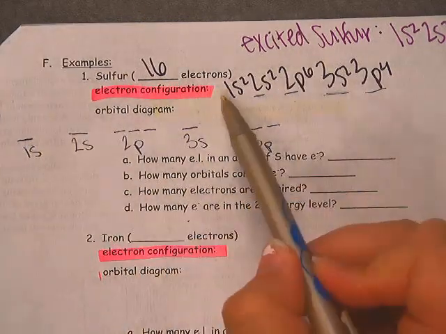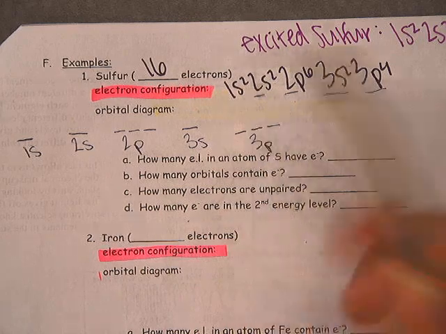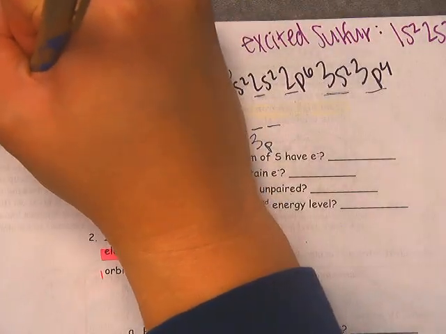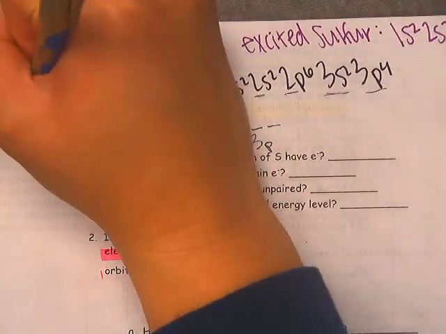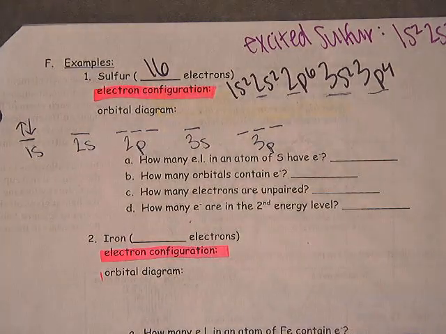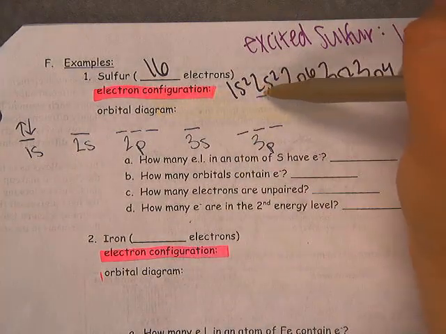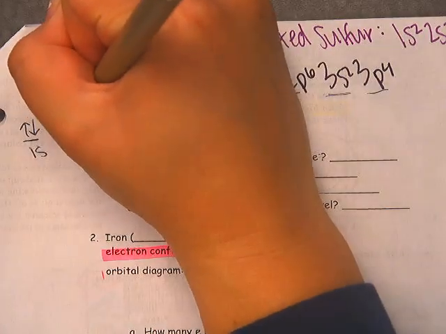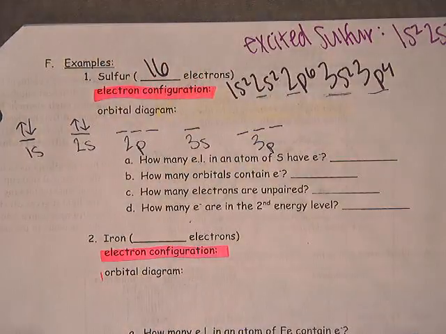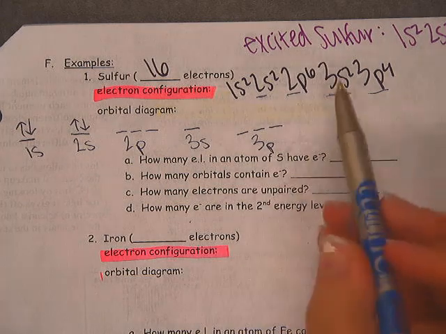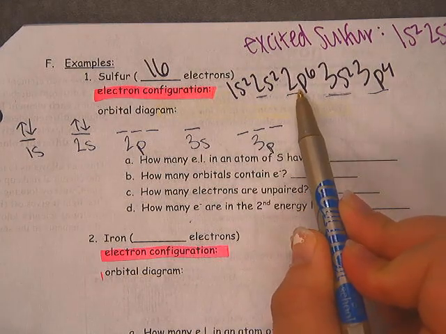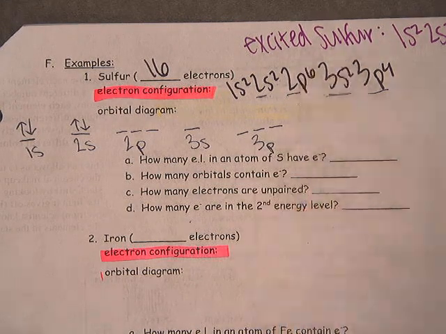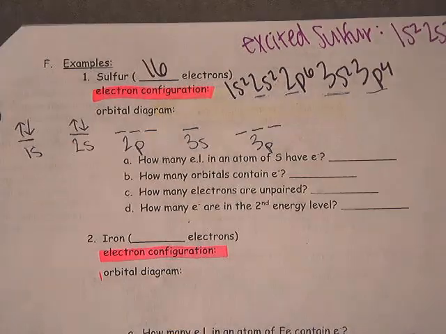In 1s, I have 2 electrons. So to place those 2 electrons, they have to have opposite spins, and we represent that as an arrow. In 2s, I also have 2 electrons. Again, they have to have opposite spins, so I represent it as an arrow. For 2p, that's where we have to remember Hund's rule and the Pauli exclusion principle.